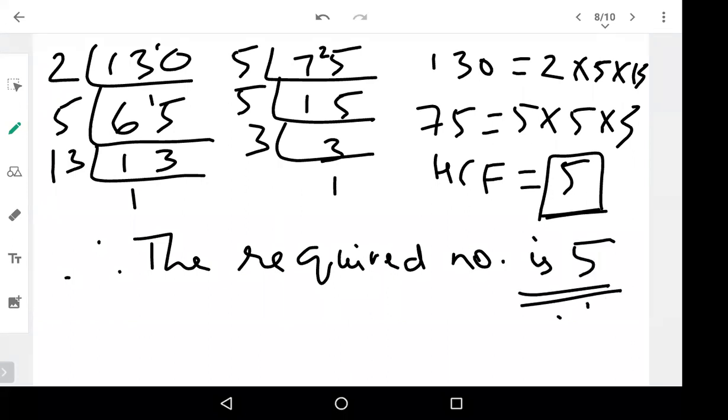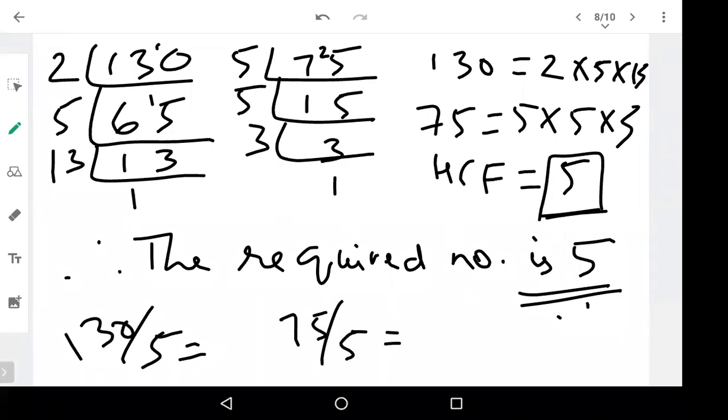If you still want to check, divide 130 by 5. You will get proper division. 75 by 5, you will also get a whole number, and nothing with points. In that case, the required number is 5.